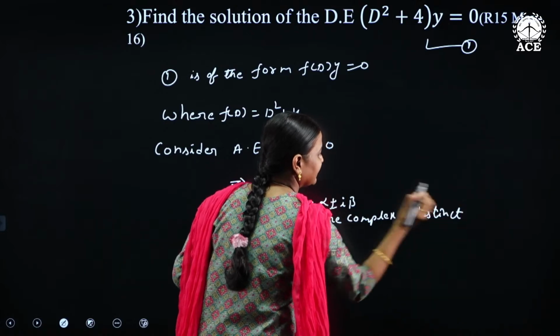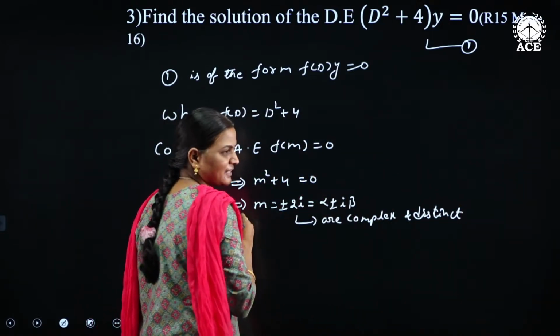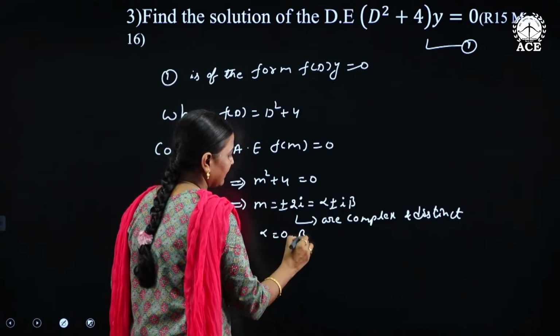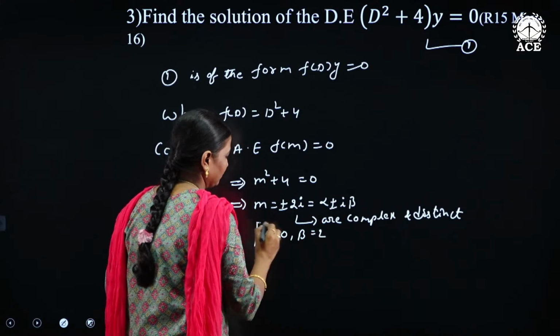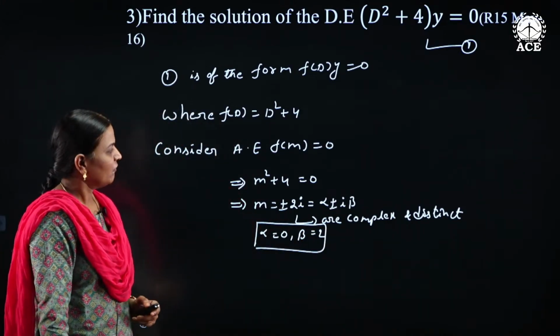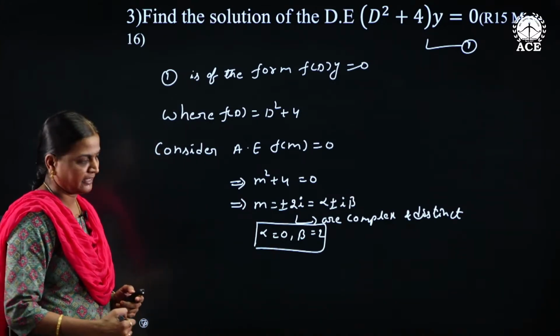If we compare the roots with the standard form alpha plus or minus i beta, here alpha is equal to 0 and beta is equal to 2. When the roots are complex and distinct, how to write the general solution?